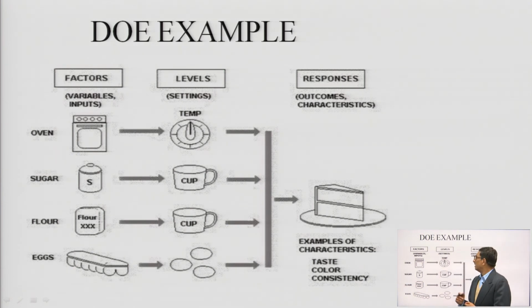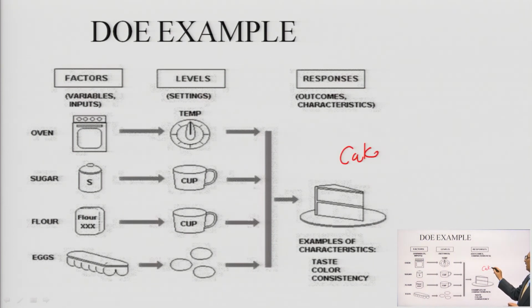DOE example: if we have some factors or variable inputs, they are oven, sugar, flour and eggs, and the levels may be: oven level is temperature, it may be high or low. So, it is a controllable factor. The amount of sugar is another factor and it is also controllable, because we control the amount of sugar, and the amount of flour, that is if 1 cup it is 1 cup, and eggs, this is also the number of eggs, 3 eggs or 4 eggs, and we find the outcome is cake.